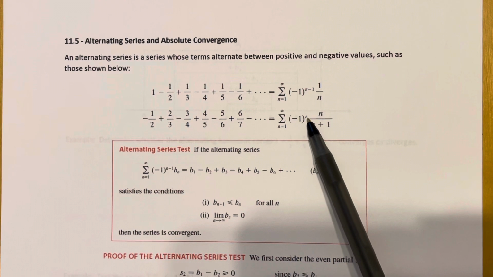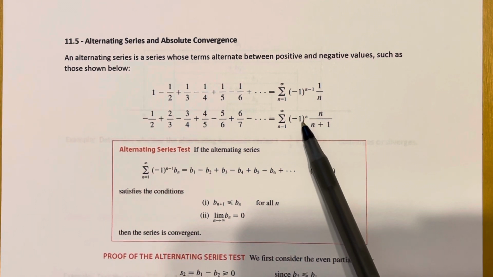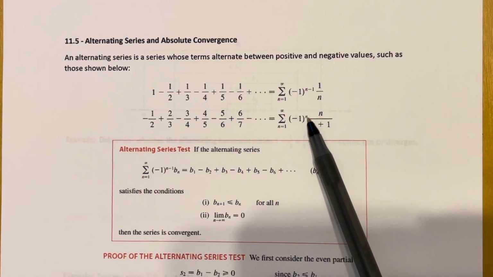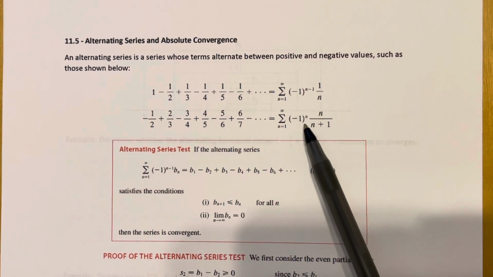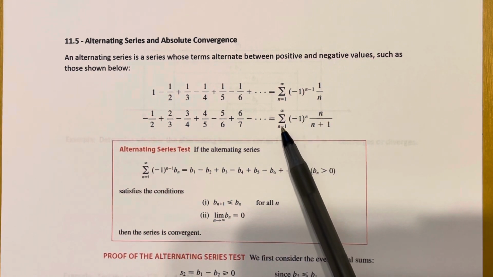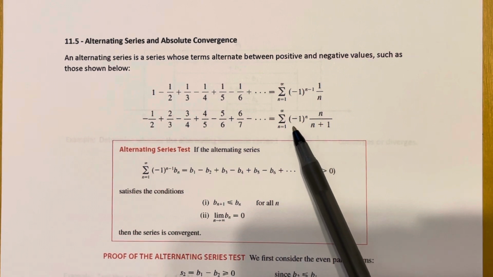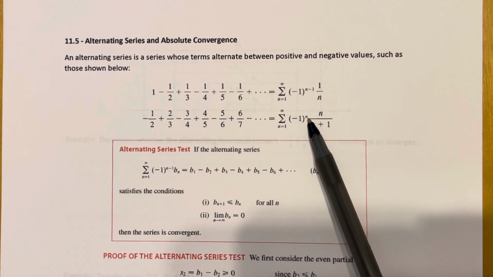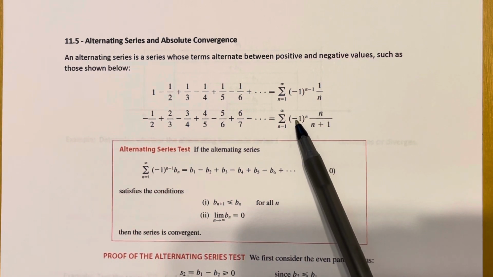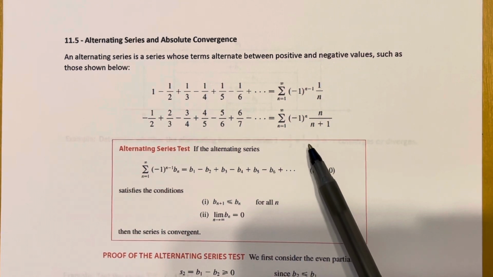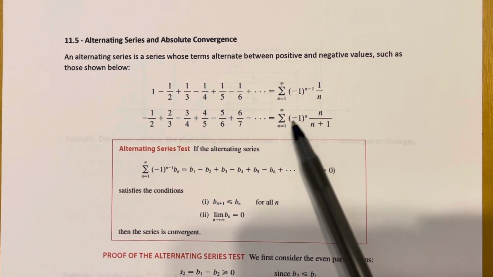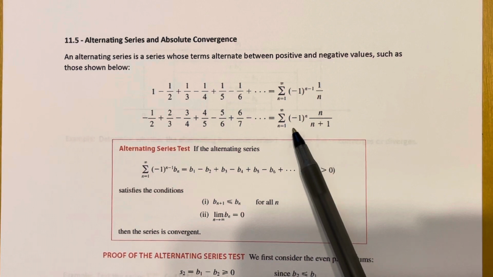Every time the exponent n goes up by 1, we're going to be changing that exponent between odd and even numbers. So for example, when n is equal to 1, we're taking that -1 and raising it to the power of 1. Since 1 is an odd number, -1 will stay -1. But every even power that we plug in for n will make this -1 into a positive 1. And this is how we get that alternating between positive and negative values.